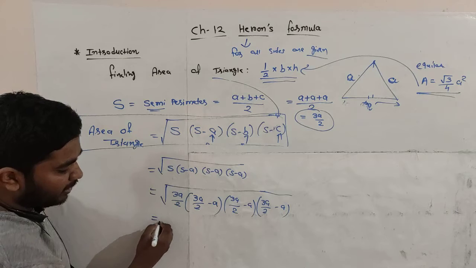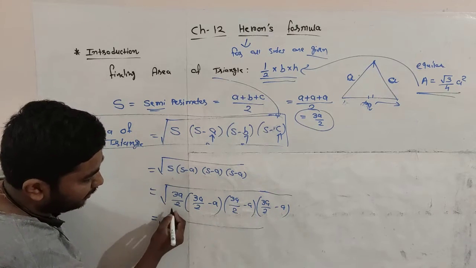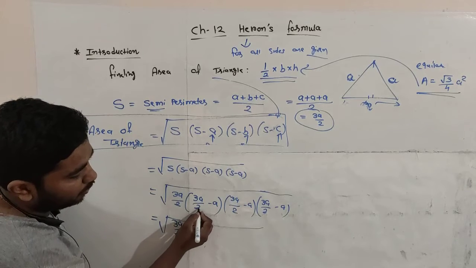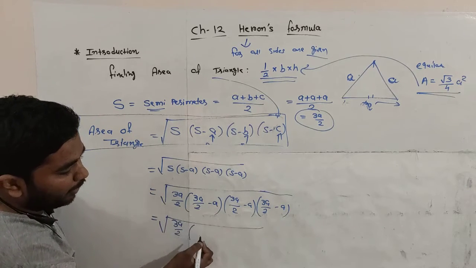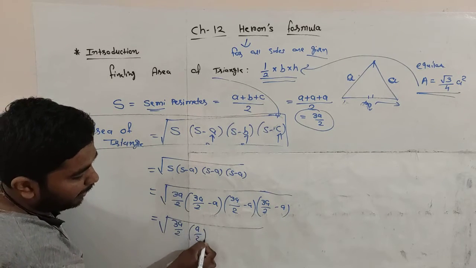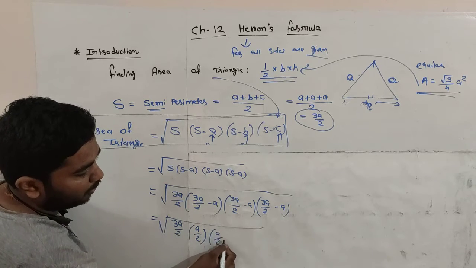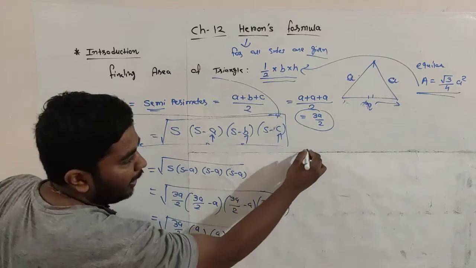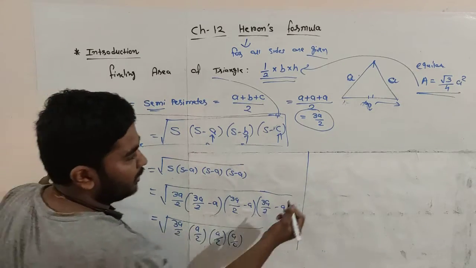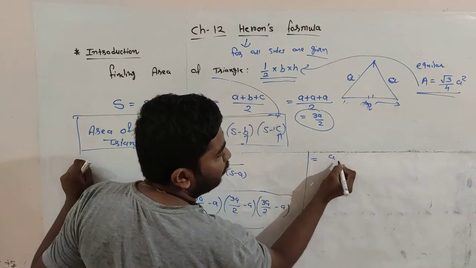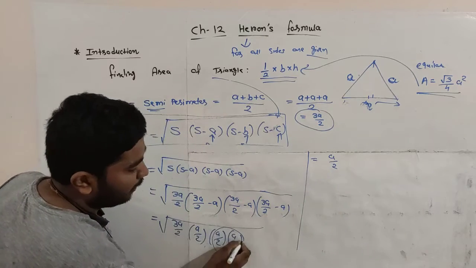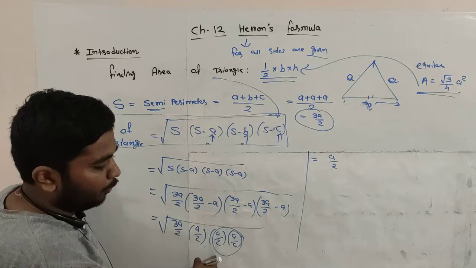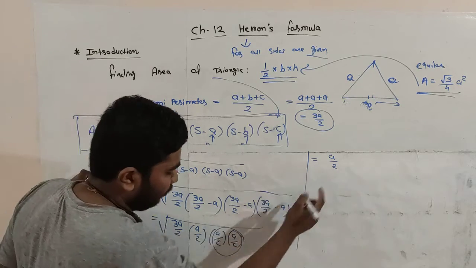Now by simplification, I can say this would be 3a by 2. Here I am taking the LCM, so (3a minus 2a) upon 2, so that would be a by 2. This would also be a by 2, and this would also be a by 2. Now if I take the common factor, a by 2 from these three, then under the square root we get (a by 2) square, a square by 4, and its square root is a by 2.